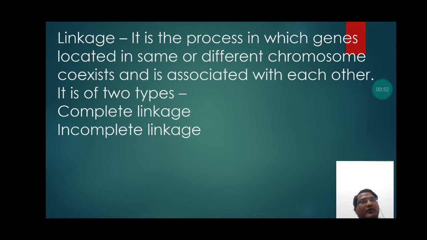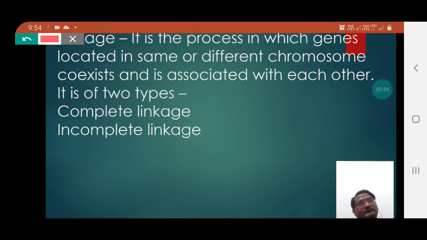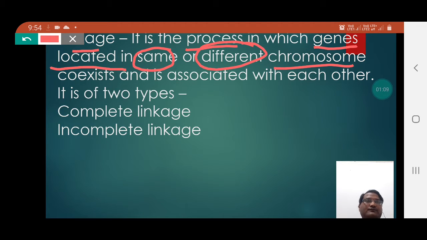Students, it's a very important process, linkage, in which genes which are located either on the same chromosome or on a different chromosome still coexist, that means stay together and are associated with each other.